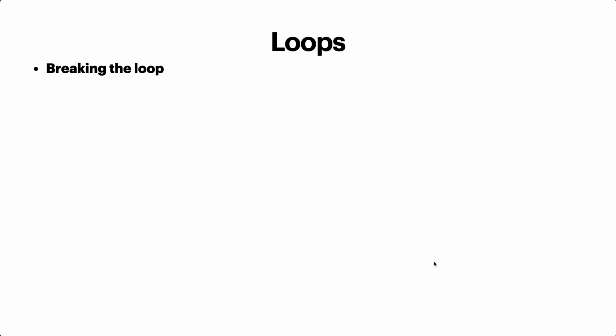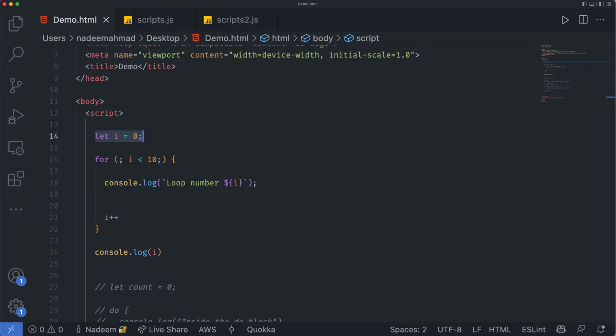So yeah, breaking the loop. Sometimes we want to break out of the loop. For example, we are looping through something, and if a certain condition is met, then I want to break out of the loop. For example, I'm looping through the loop 100 times, and if I reach the value 50 over here, then I want to break this loop.